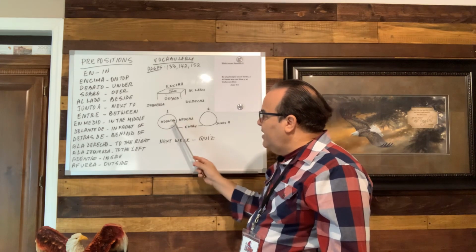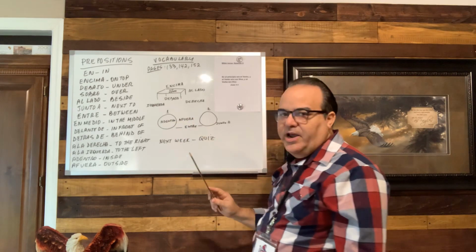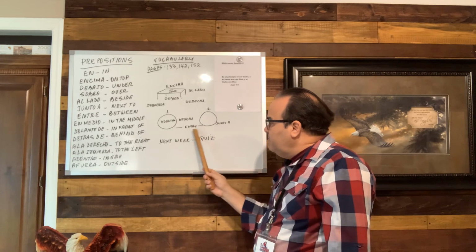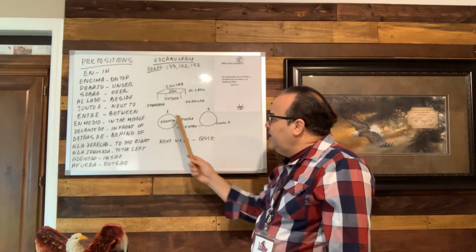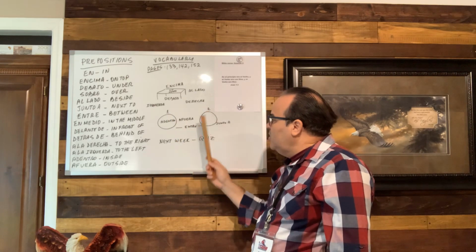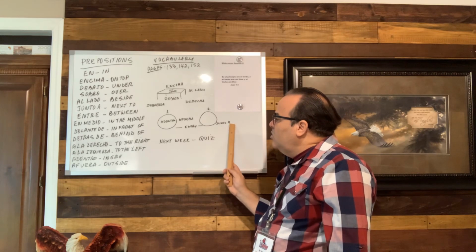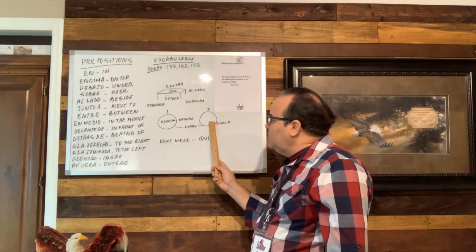Outside, afuera. Between number 1 and number 2, that means between, entre. Entre el número 1 y el número 2. Junto a, that means next to.